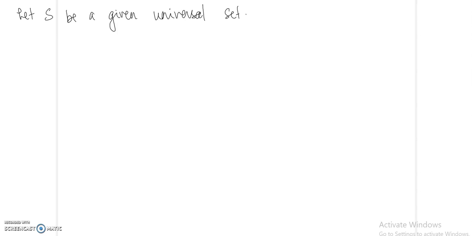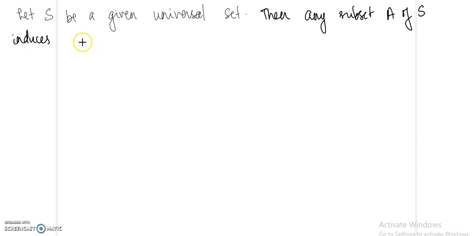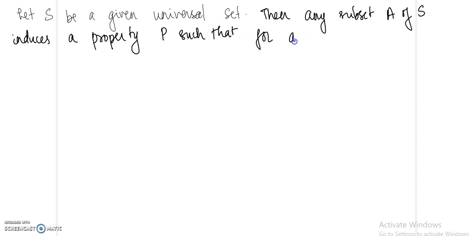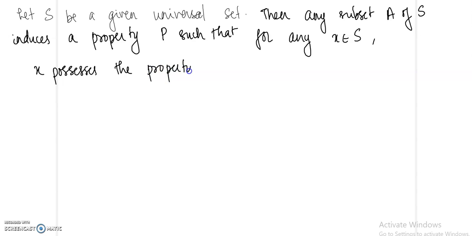Then any subset A of S induces a property P such that for any X belonging to S, X possesses the property P if and only if X belongs to A. So this is how we define the property.